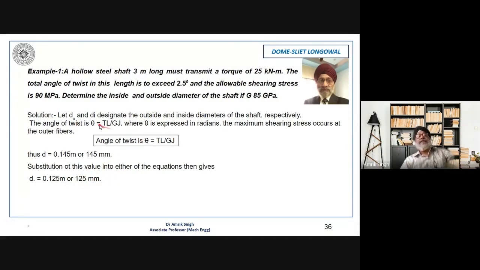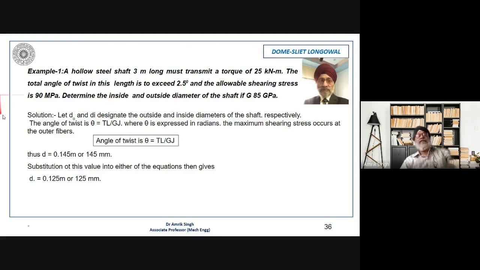Just a minute. Torque is given here. The length is given. G is given. So we can calculate the value of J. The other relation given to us is 2.5 degree. So we can calculate the value of the maximum shear stress also.